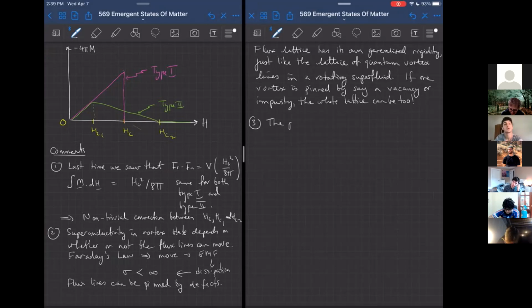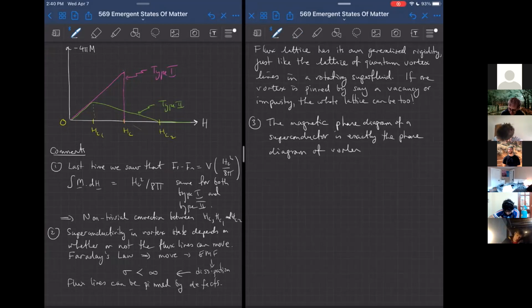The magnetic phase diagram of a superconductor is exactly like the phase diagram of vortex matter in a rotating superfluid.